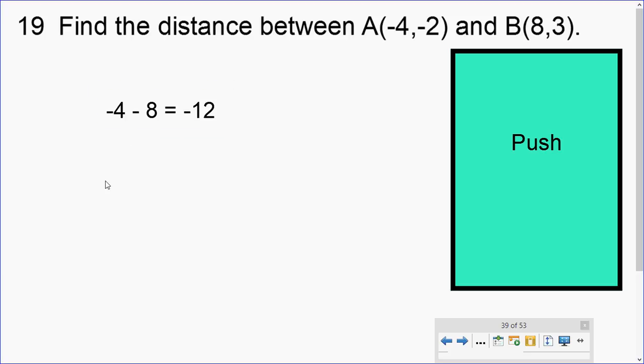Then we'd have to square that. -12 squared would give us a positive 144.